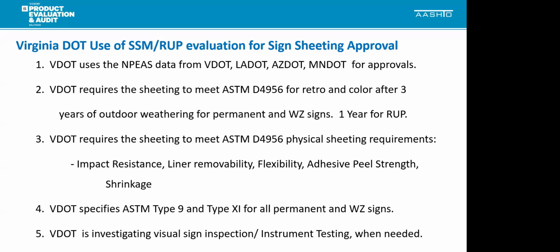And VDOT specifies, normally we use the type 9 and the type 11 for all permanent and work zone signs. And then because we have a good understanding of signs and how they work, we are investigating the use of this data and our own testing to meet the MUTCD requirements for minimum retro of signs.